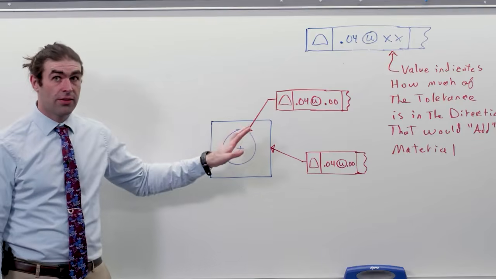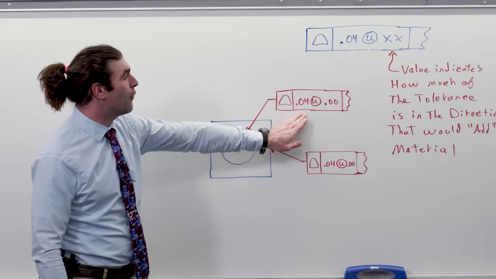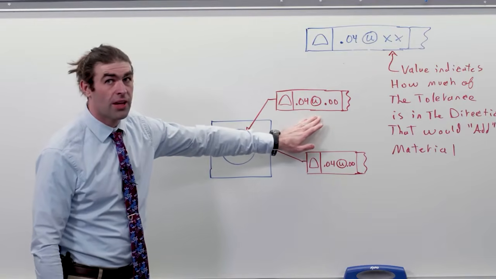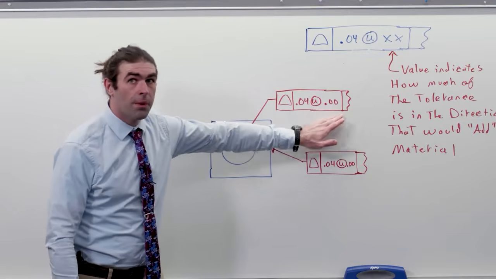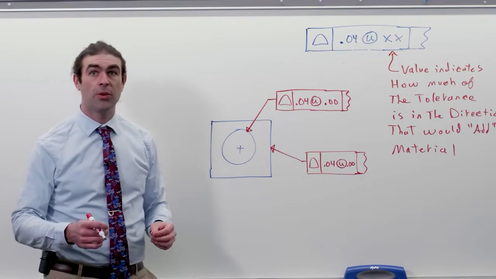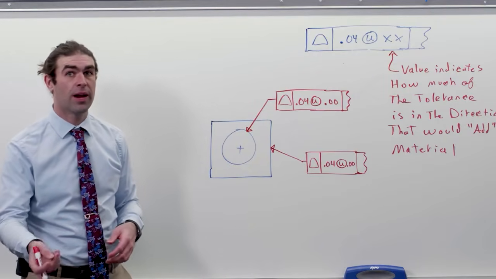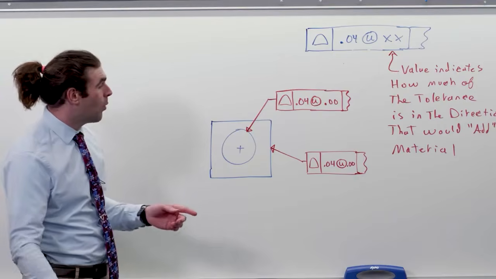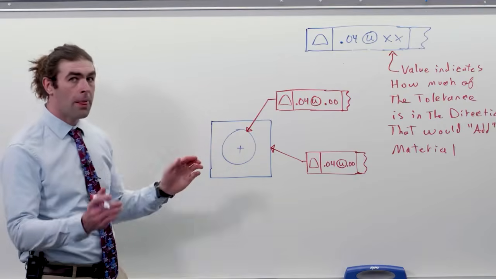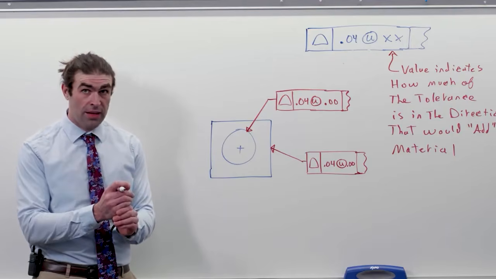Now, just imagine this is all defined with basic dimensions. Profile, 40 thousandths, unequally disposed tolerance. 0 of that 40 thousandths is in the direction that would add material. What would add material to a hole? Making the hole smaller. That's saying 0 is in that direction.